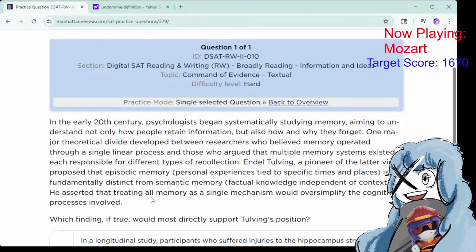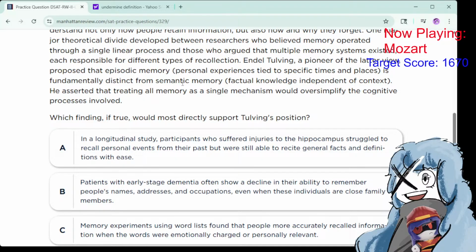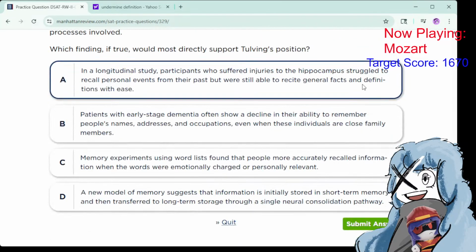He asserted that treating all memory as a single mechanism would oversimplify the cognitive process involved. Which finding, if true, would most directly support Tulving's position? In a longitudinal study, patients who suffer injuries in the hippocampus struggled to recall personal events from the past but were still able to recite general facts and definitions with ease.